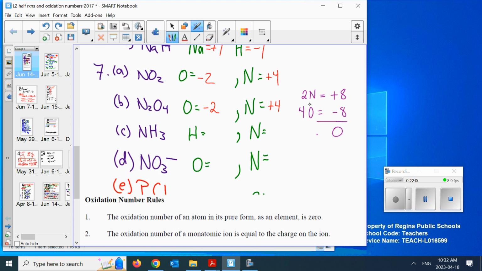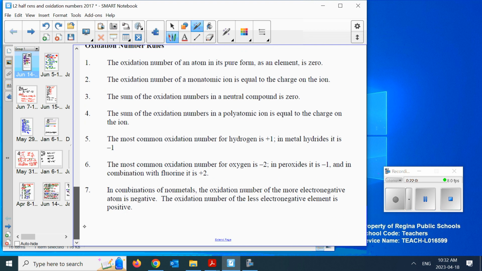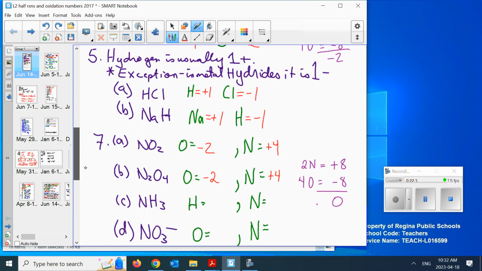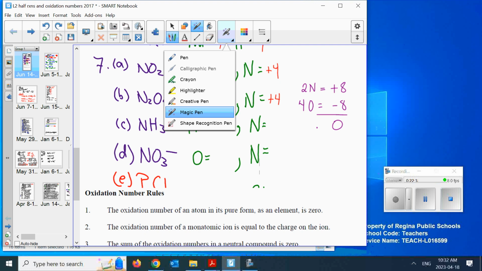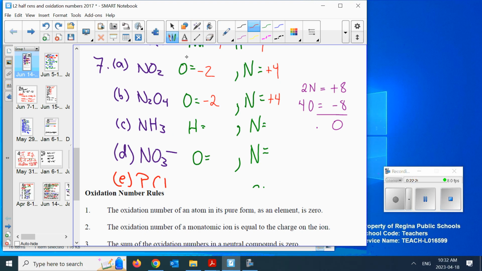NH3. Okay, when I run through the rules, the oxygen rule doesn't apply. But there's a hydrogen rule, and it's number 5. The most common number for hydrogen is plus 1 unless it's with a metal. Nitrogen's not a metal, so I'm going to use plus 1 for hydrogen. So I'm going to do some arithmetic on the side.